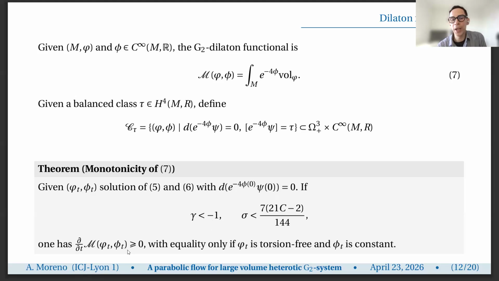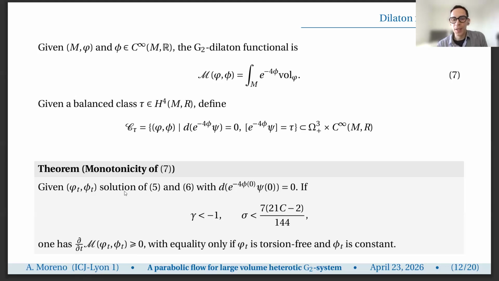So we have a large choice of good parameters to study some very good properties of this functional along flow solutions of our flow.